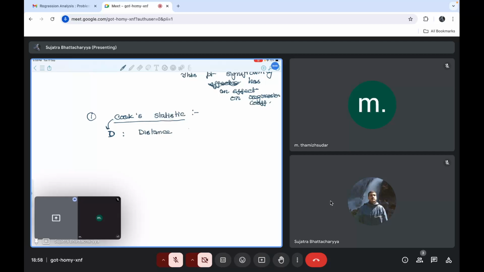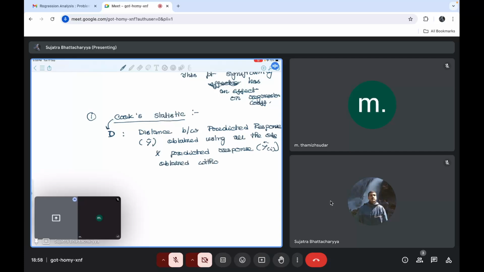Let me write and then I will show. Distance between the predicted response y hat obtained using all the observations and the predicted response y hat in bracket i obtained without the ith observation.